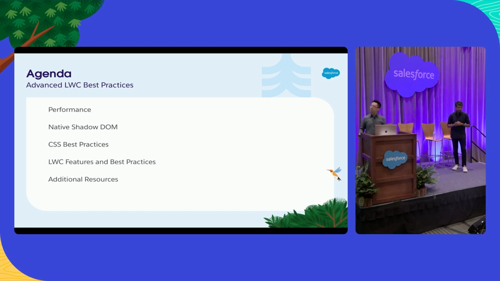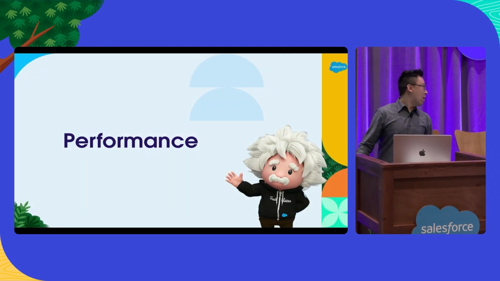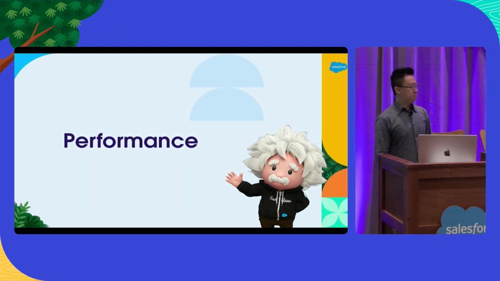And because this is called an advanced talk, we're going to assume some base level of web components experience, LWC experience, web development experience. We're not going to be talking a lot about features that are coming soon, so if you are interested in that, please do go check out some of the other amazing talks or demos that are being shown here. And with that, I'll let Bhargav take us off into performance.